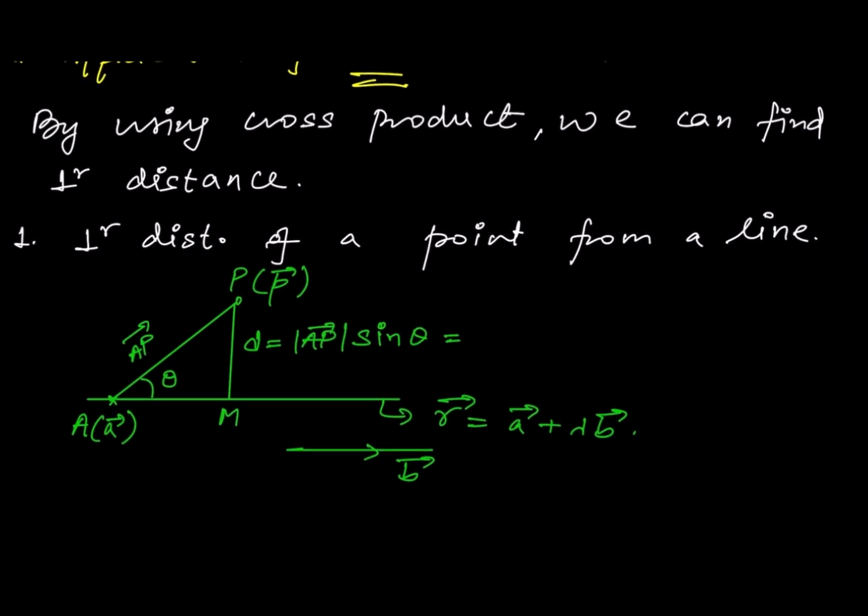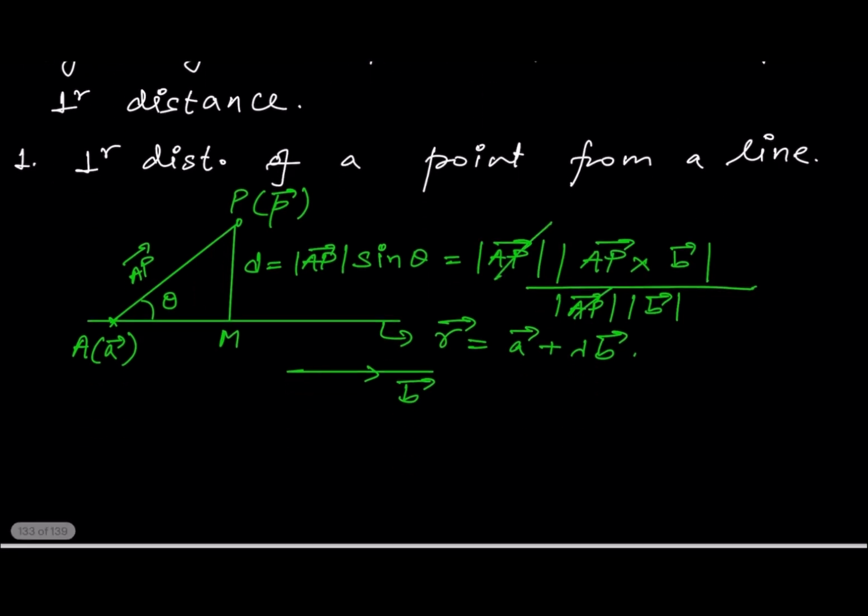And this sine theta is nothing but the mod of the cross product of AP vector cross B vector over mod of AP vector into mod of B vector, right? So mod of AP vector and mod of AP vector will cancel out.